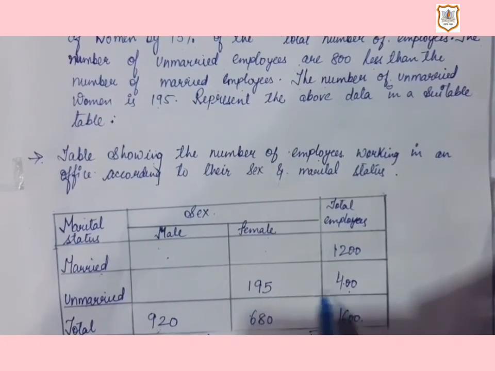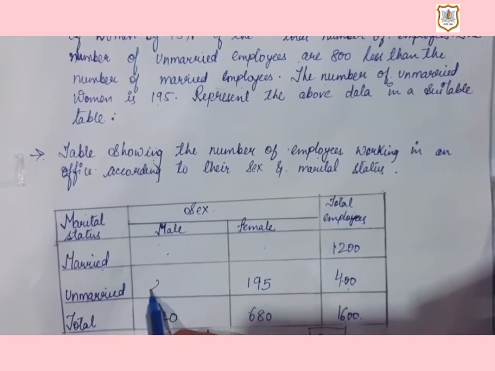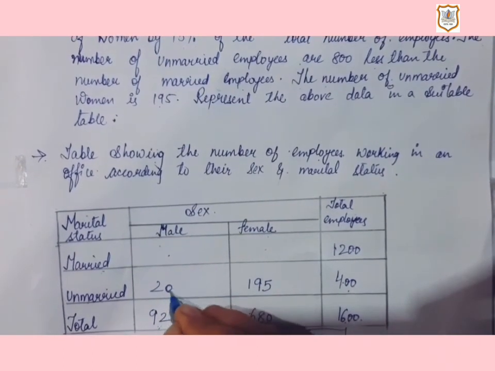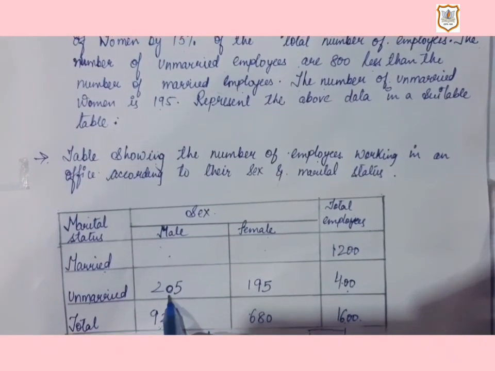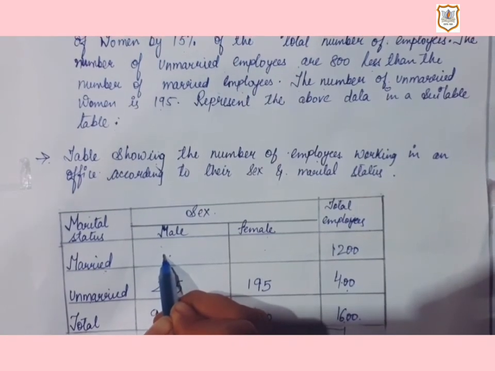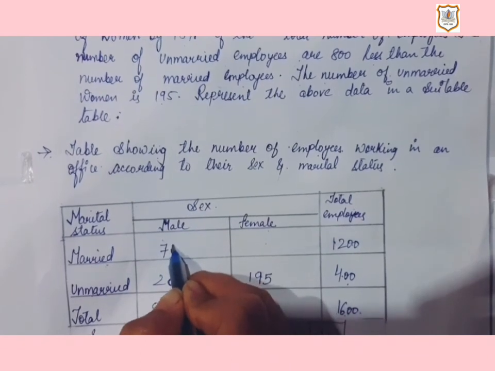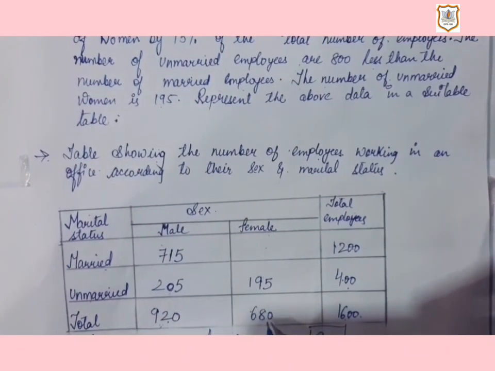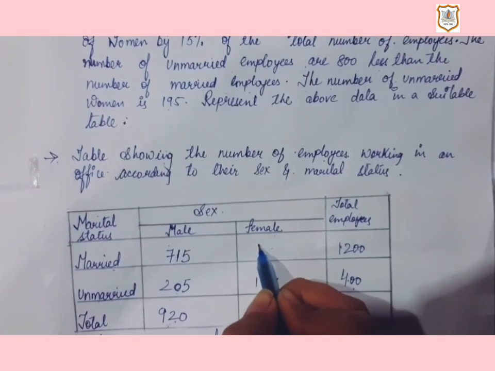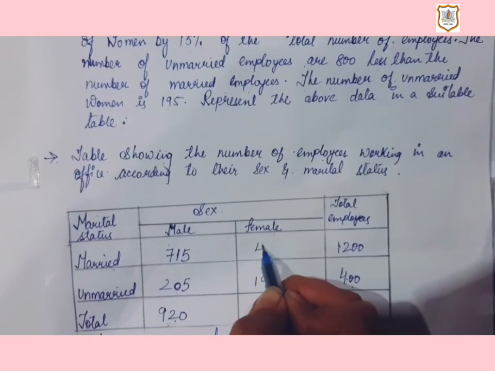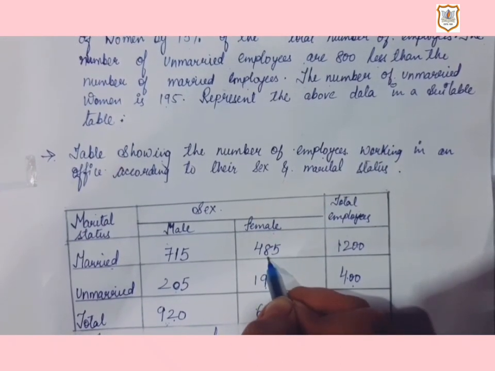So 400 minus 195, if we do, we get the number of unmarried males, that is 205. And if I do 920 minus 205, I get the number of married male employees, that is 715. Similarly 680 minus 195, if I do, I get the number of married females, that is 485.